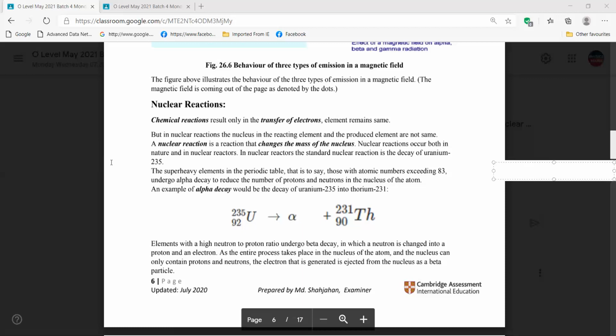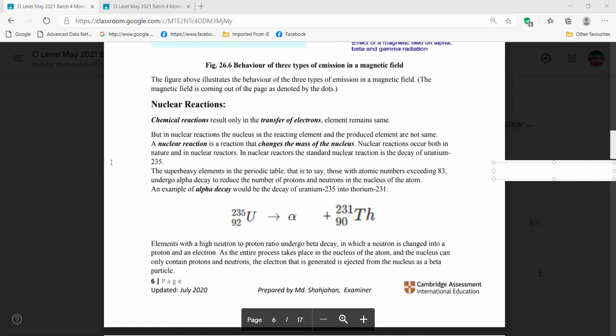Elements with a high neutron to proton ratio undergo beta decay, in which a neutron is changed into a proton and an electron.